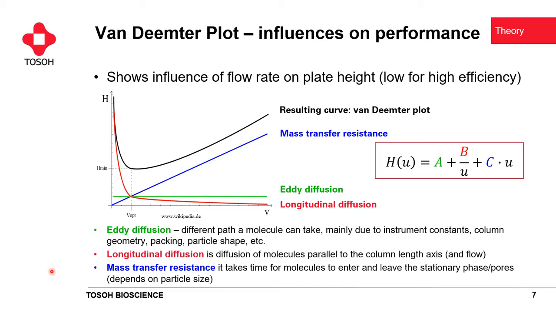And this mainly depends on the particle size, meaning with a lower particle size we have lower mass transfer resistance and a more efficient separation. And as we see here, the second influencing factor is the velocity or flow rate. As you can imagine, the resistance is much higher the faster we want to pump our molecules through the column.